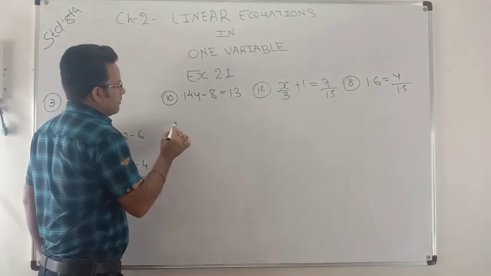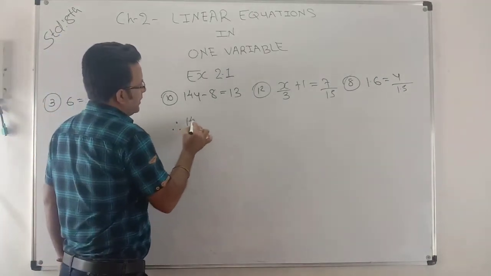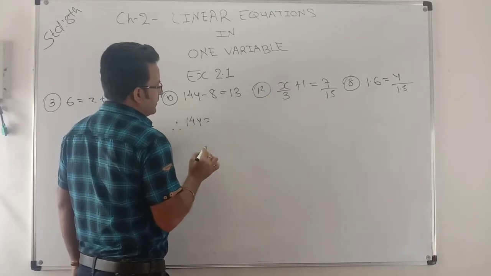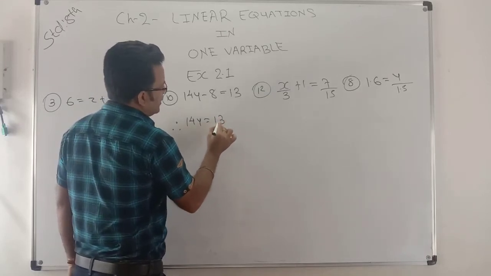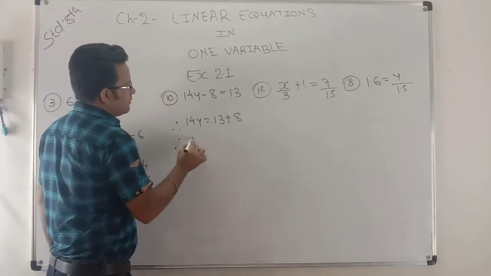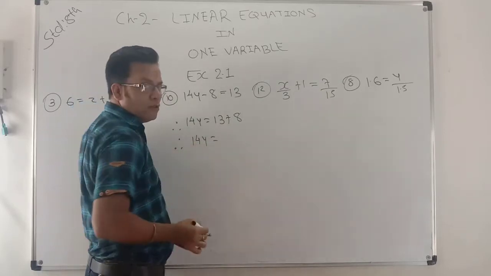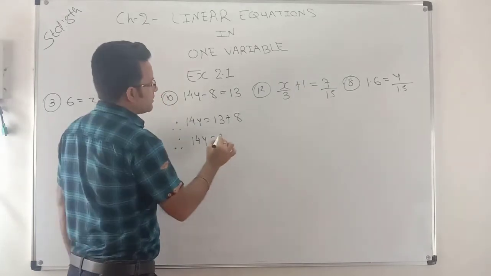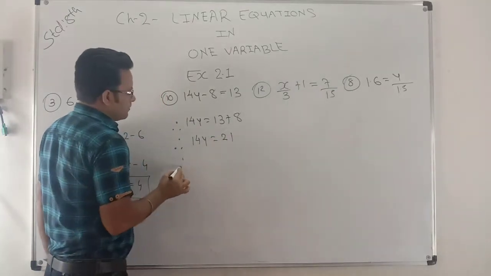Now, same way, second one. 14y is equal to 13 plus 8. Therefore, 14y is equal to 13 plus 8 means 21.